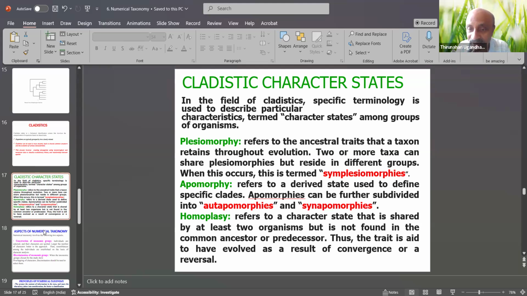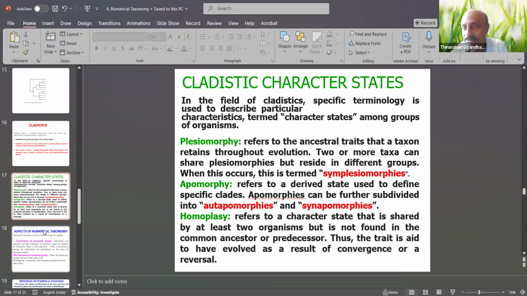Then apomorphies can be further subdivided into autapomorphies and synapomorphies. These are two types, which are also of one group of clades. Homoplasy refers to a character state that is shared by at least two organisms but is not found in their common ancestor or predecessor.